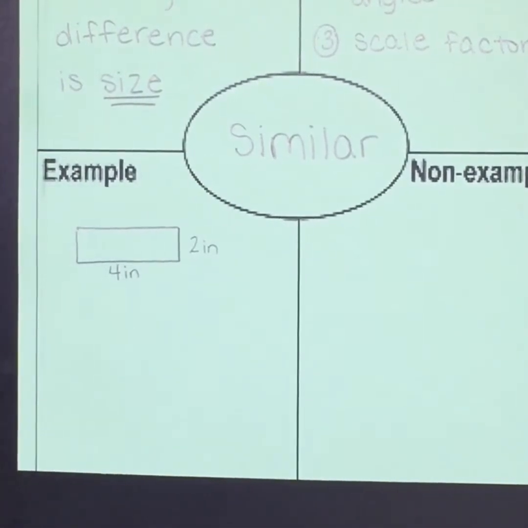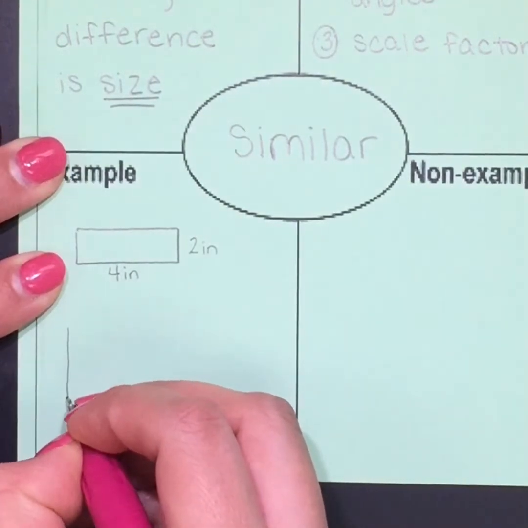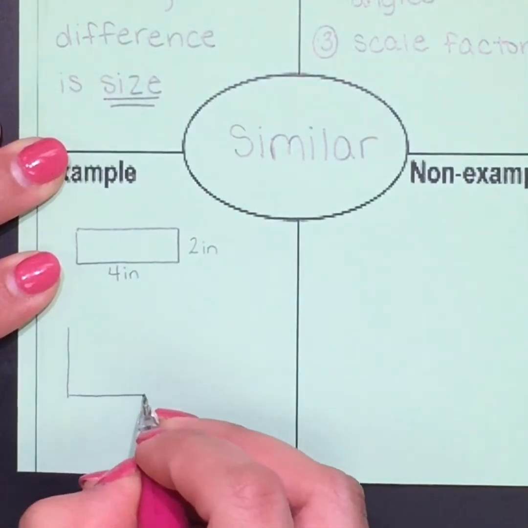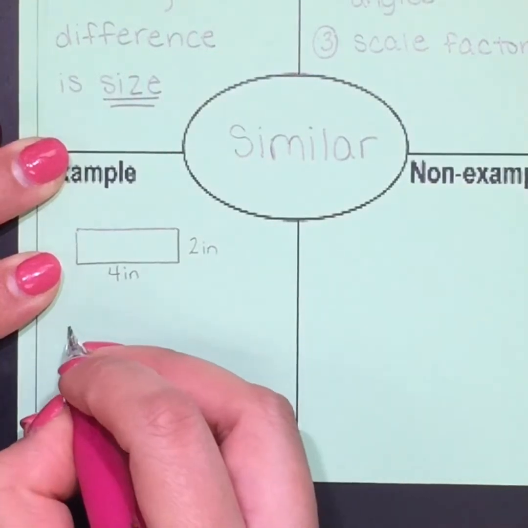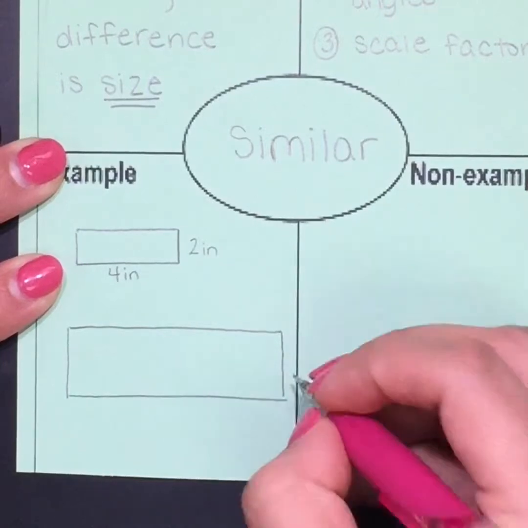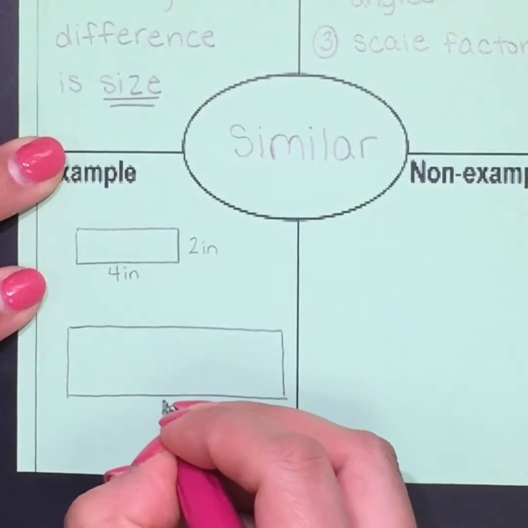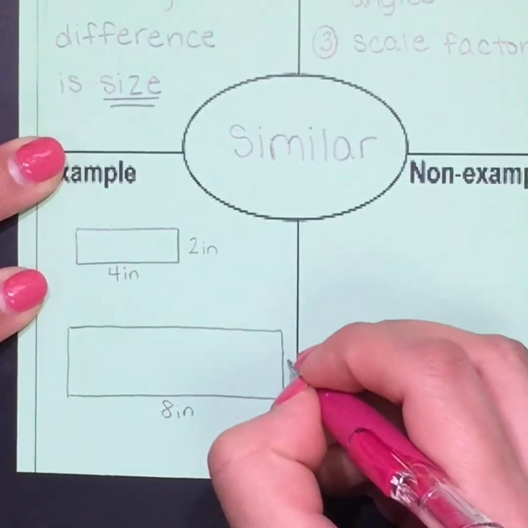If you remember, the word enlargement means the rectangle is going to get bigger, right? So I'm going to draw a bigger rectangle down here. And the dimensions for this bigger rectangle are going to be 8 inches by 4 inches.